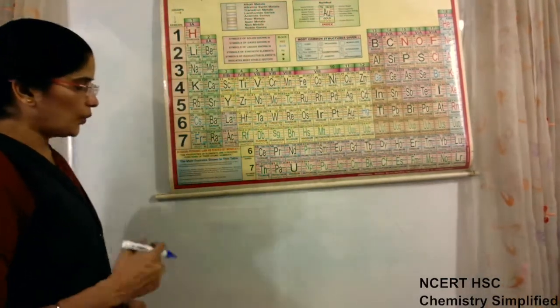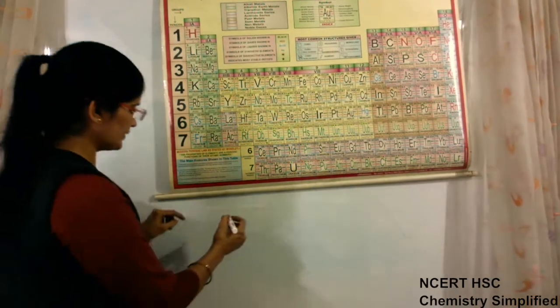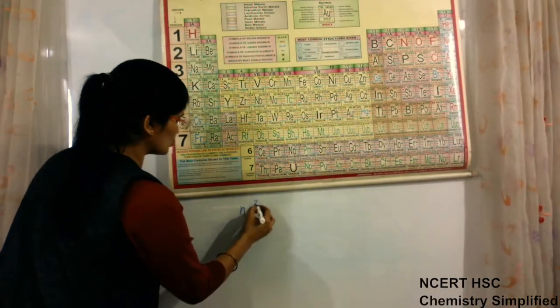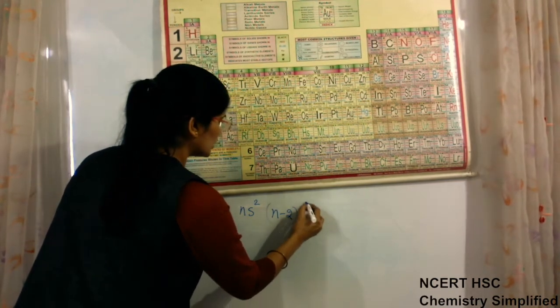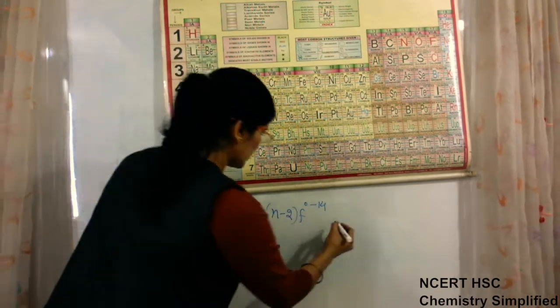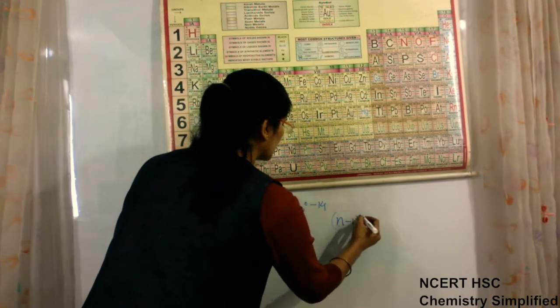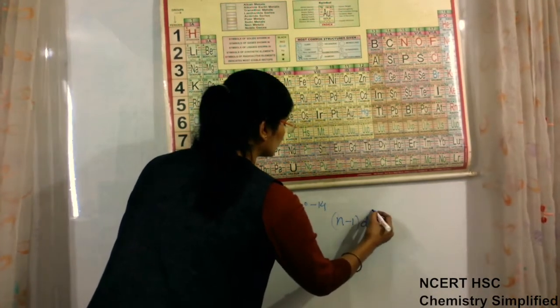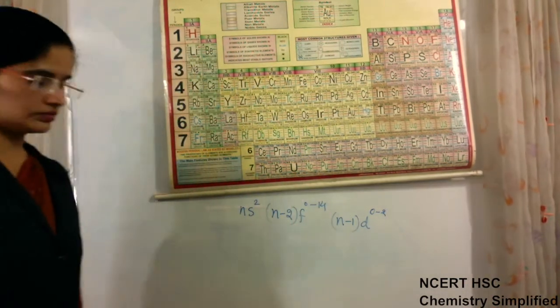So for the outer electronic configuration of these F block elements, we can write ns2, (n-2)f 0 to 14, okay, sometimes it is 0, and (n-1)d 0 to 2.